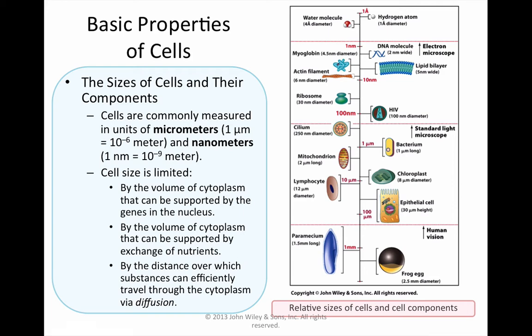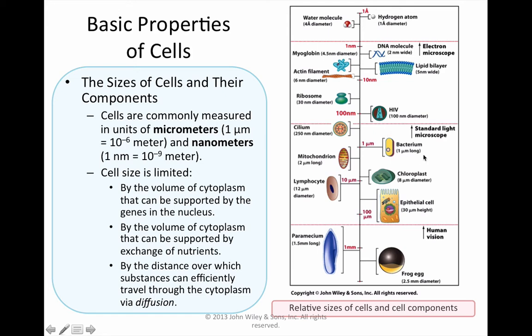With an electron microscope, we're able to see things like DNA, the lipid bilayer of a cell, some of those cytoskeletal structures like actin, and we are also able to see things like viruses. The next type of microscope, a standard light microscope, so something you would be able to use in the lab.